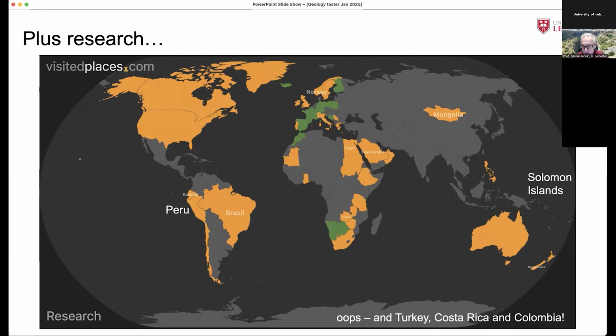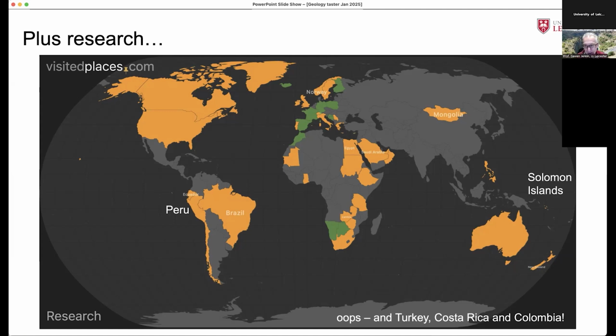Right over in the far right, for example, New Zealand. One of my first research projects was actually doing some geochemistry on rocks from New Zealand and collaborating with a guy who works there, but I've never actually been to New Zealand yet, although I hope to still go there at some point.